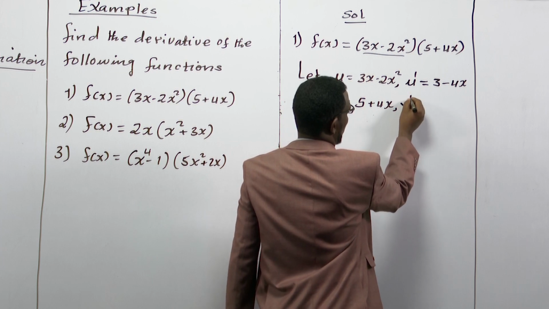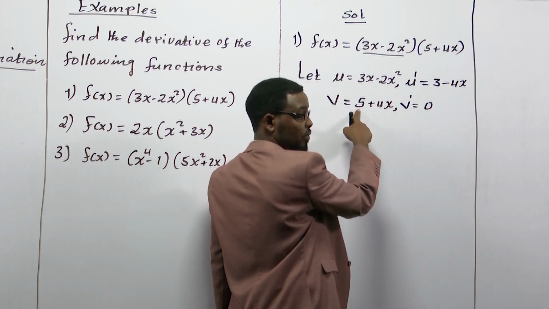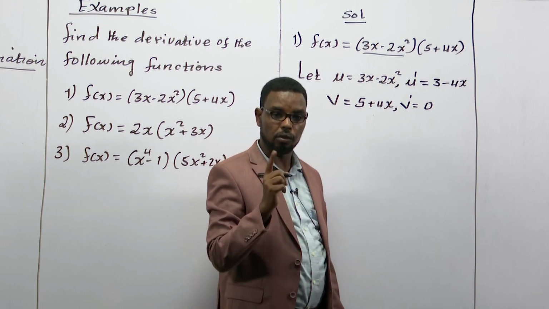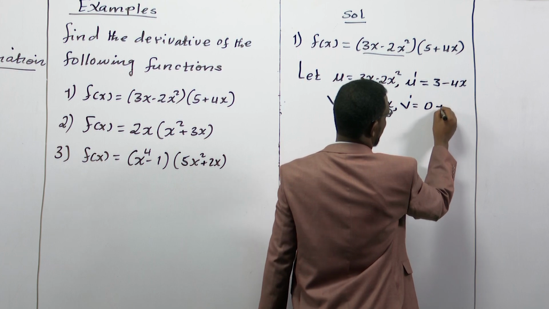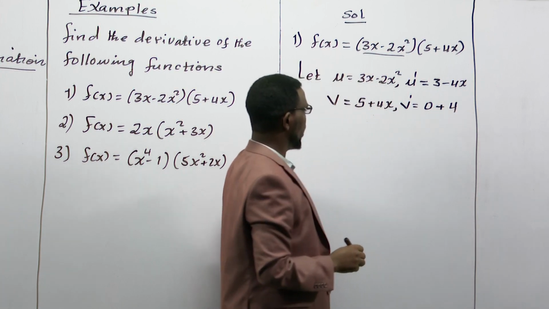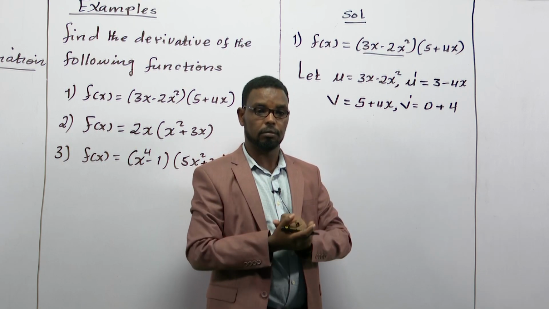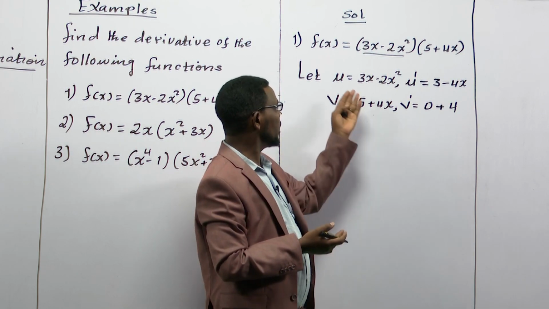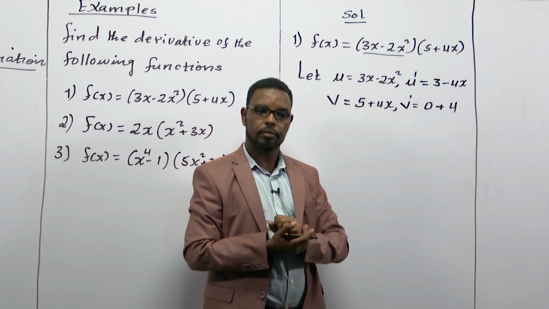Phi prime is equal to 0, because the derivative of a constant is 0, plus 4. Now we have here four functions: u, v, u prime, phi prime.